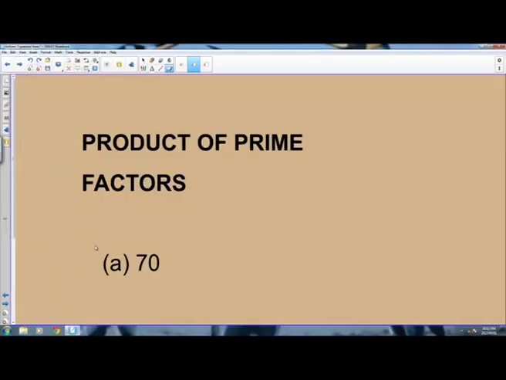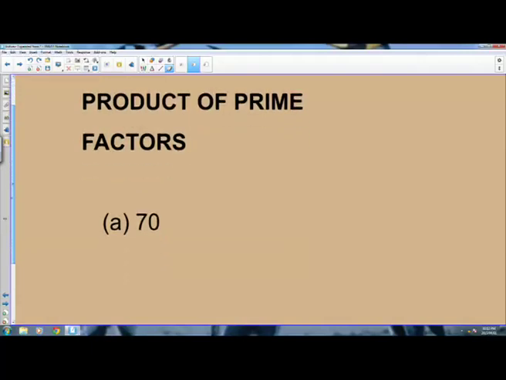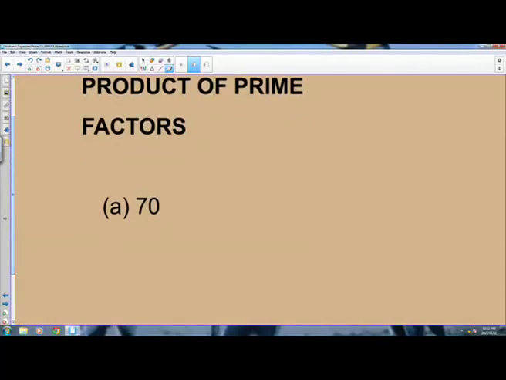We've got the number 70. So your question is, we need to express this 70 as a product of its prime factors, because the concept of prime factors uses indices. So 70 is equal to 2 times 35.